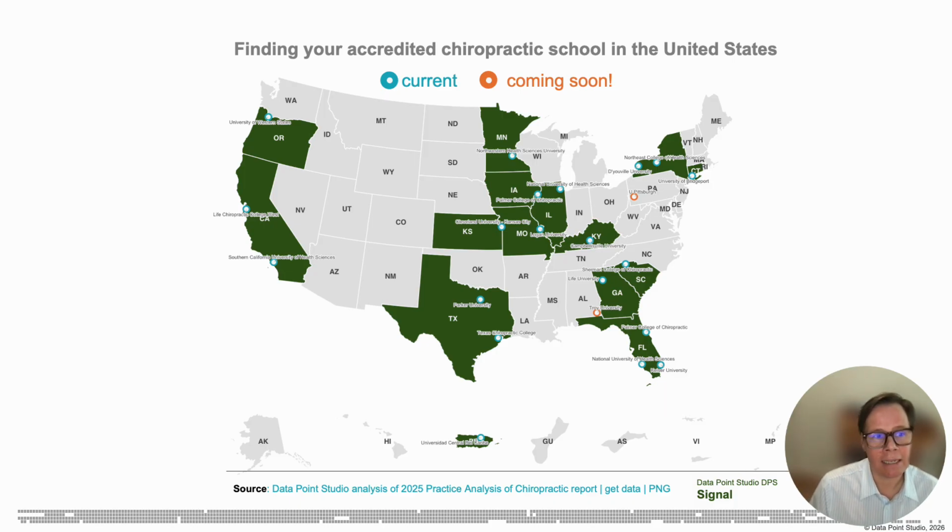This map shows us that we have most of the schools on the far right or east of the central line, where it tells us exactly the school locations in the blue dots. It tells us the names of the schools, and it differentiates between the schools that are currently accredited from the list and those that are coming soon. For example, University of Pittsburgh still getting accreditation, not yet, as well as Troy University, still in formation.